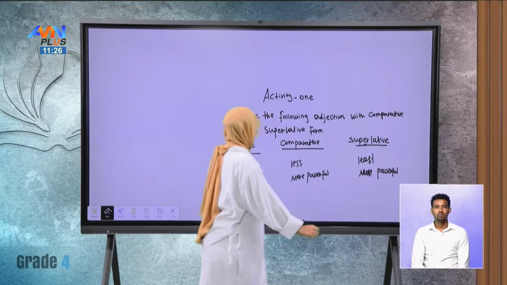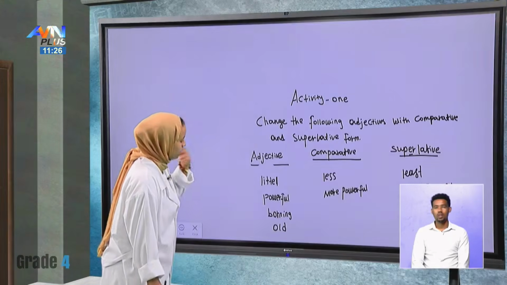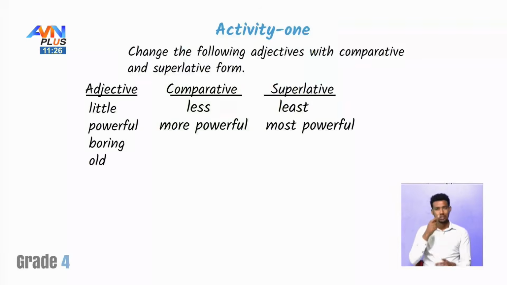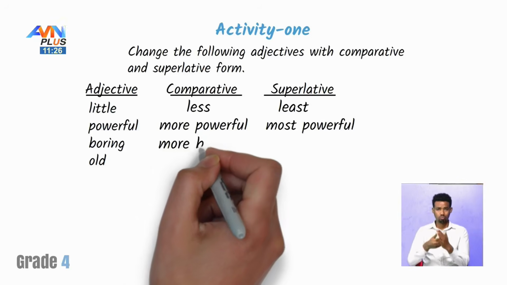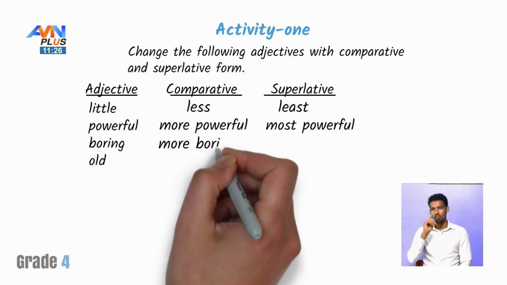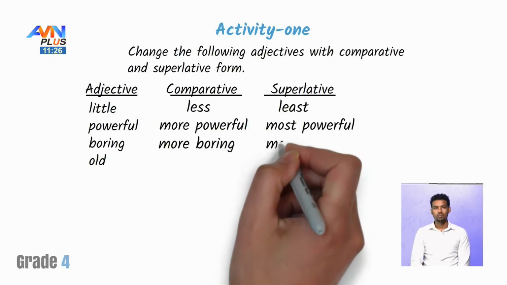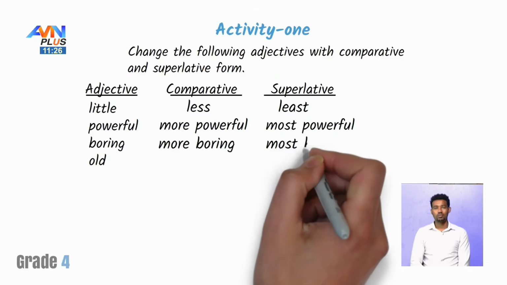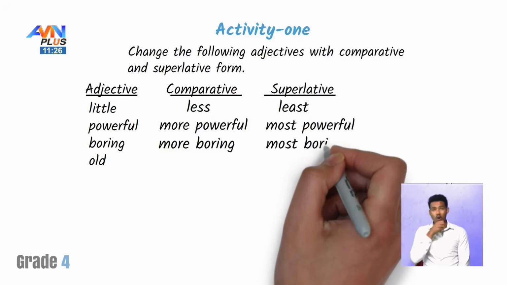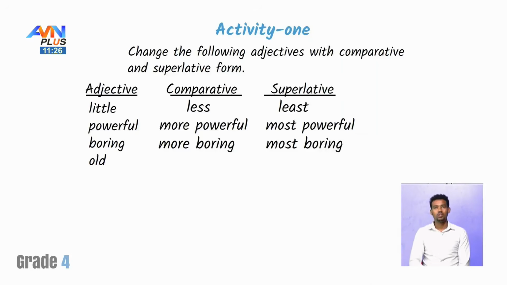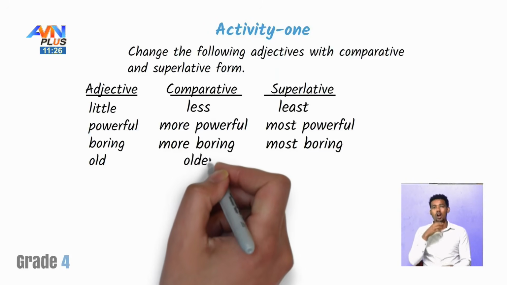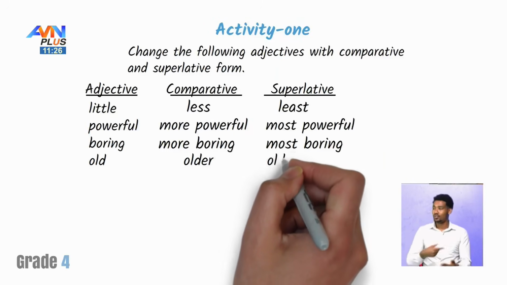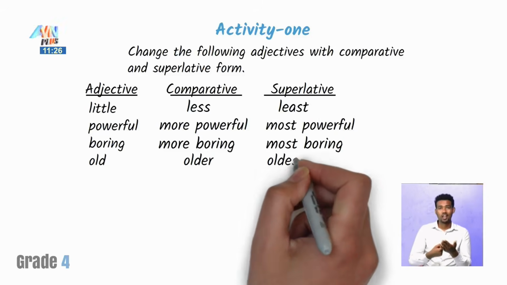Here is boring. This is also a long syllable adjective. More boring, most boring. And here is old, older, oldest. So, students, these are the answers.